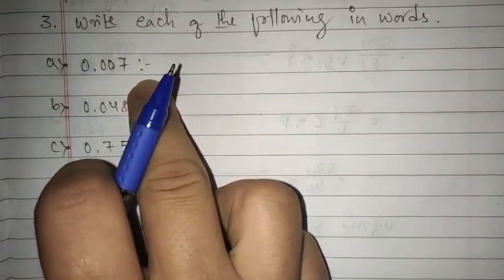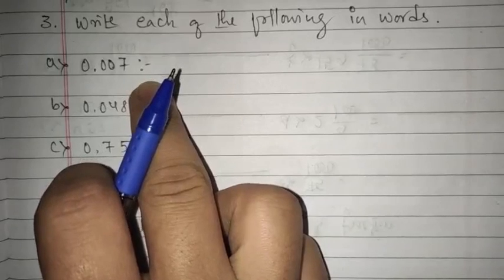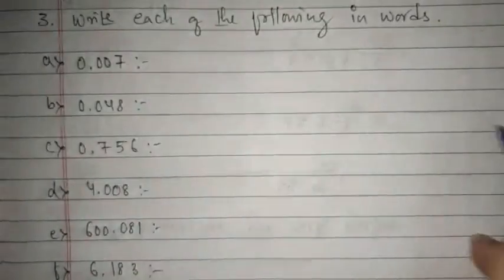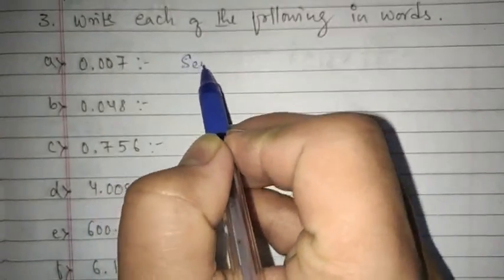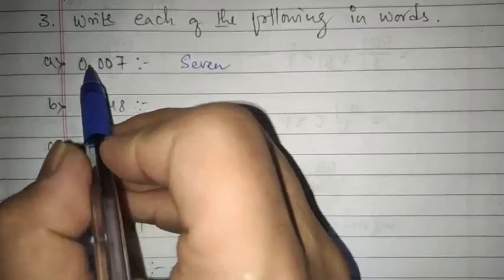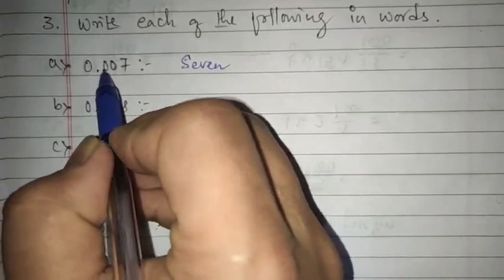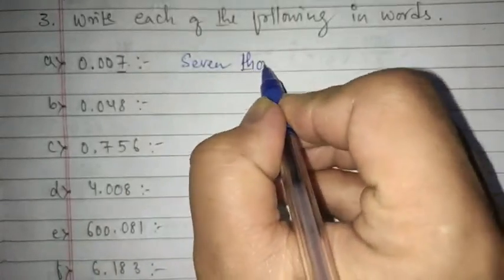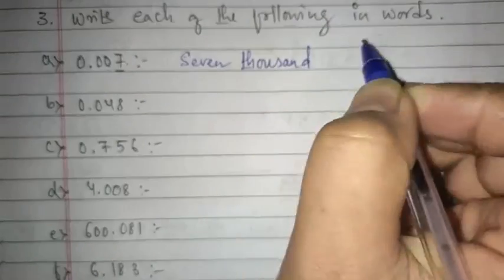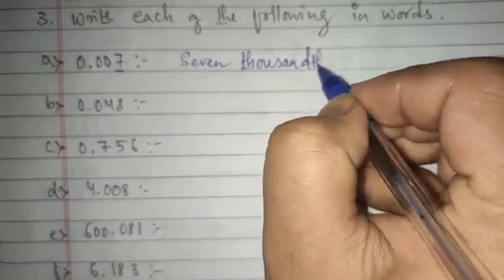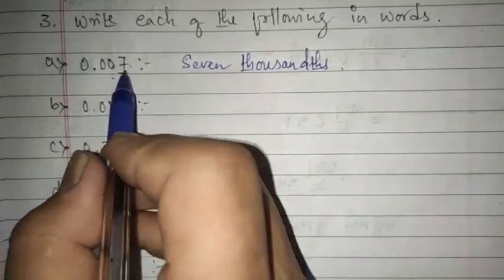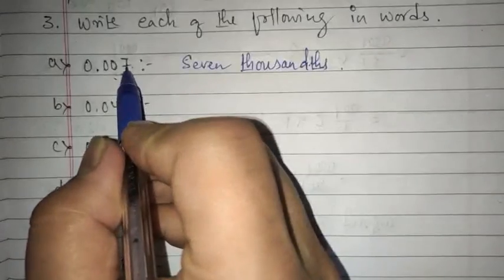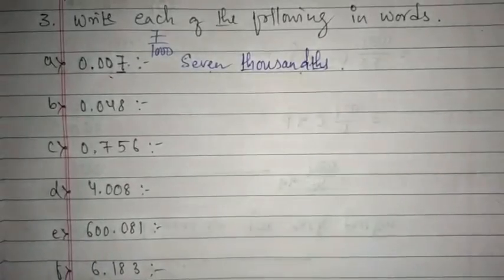So 0.007 should be written like this. 7, and in which position is it? 1st, 10th, 100th, 1000th. The last digit should be written as 7 thousandths. If it is a single digit number, here 7 is a single digit number, we can write 7 by 1000. So it can be written 7 thousandths.